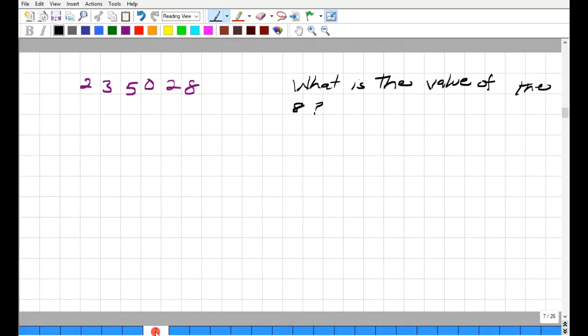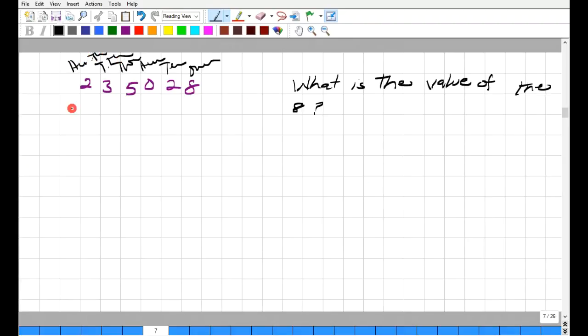What is the value of the 8 in this number? We have 235,028. Okay, no decimal is there, so this number would be in my ones column. Then we have our tens, hundreds, thousands, tens of thousands, and hundreds of thousands.